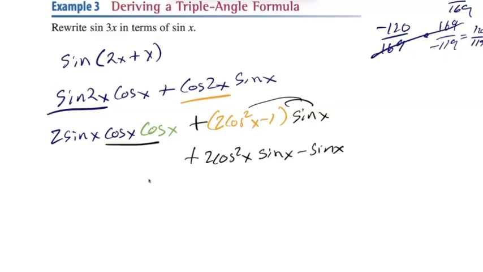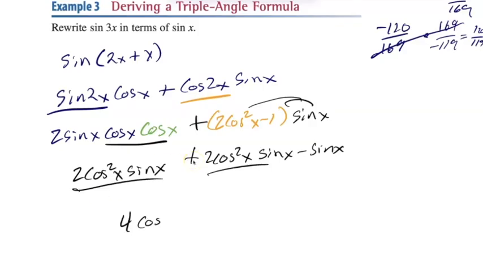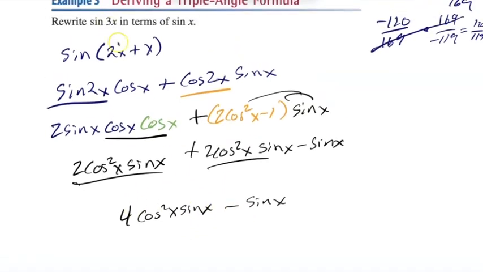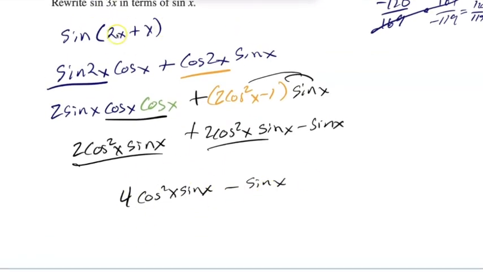And then this, I got 2 cosines, so I get 2 cosine squared x sine x. These match. I get 4 cosine squared x sine x minus sine x. That's as far as you could go. We could factor out the sine, but that's pretty much what sine 3x equals. That's something you could do with the sum difference formula.